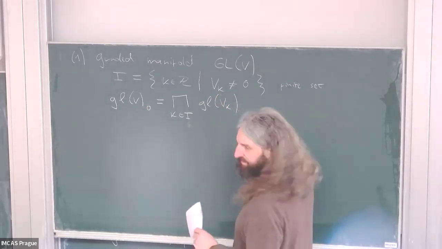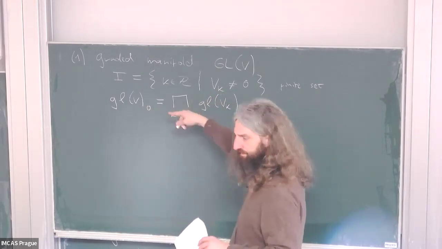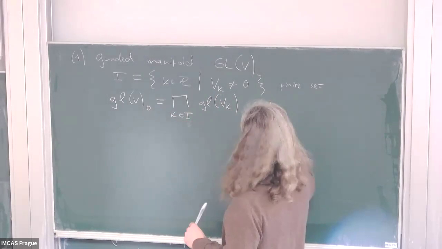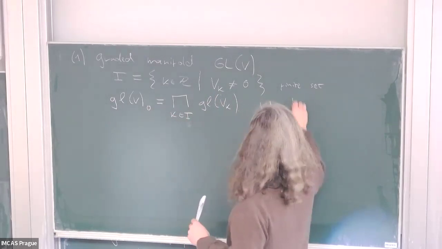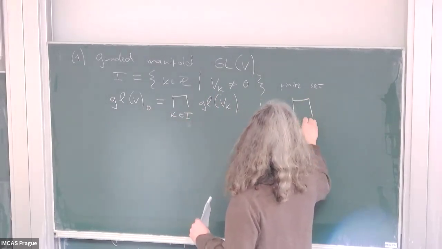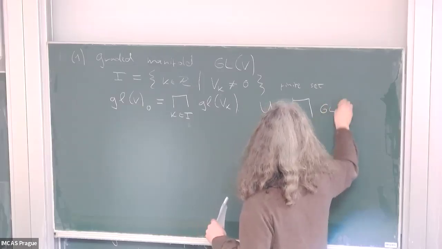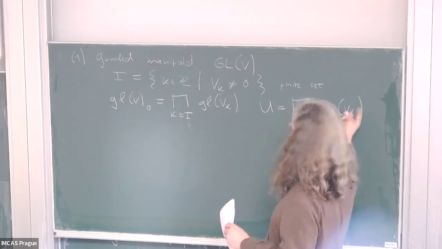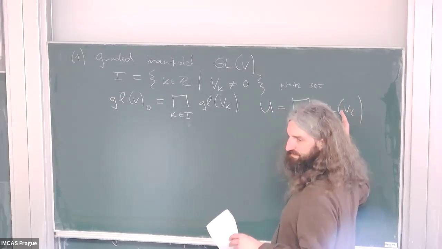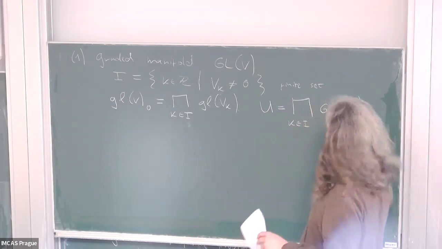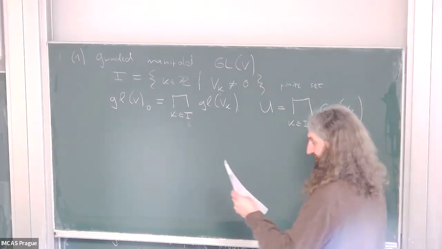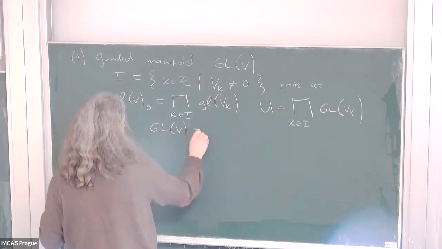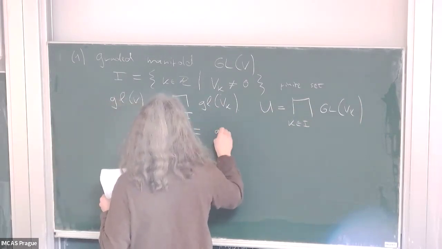And you can consider an open subset. So this is just a topological space. It's a finite dimensional vector space. And you can define an open subset, which is a product of big GLs. So you only consider sequences which correspond to maps which are all invertible linear maps from VK to VK. And then GLV is, you take this graded manifold.